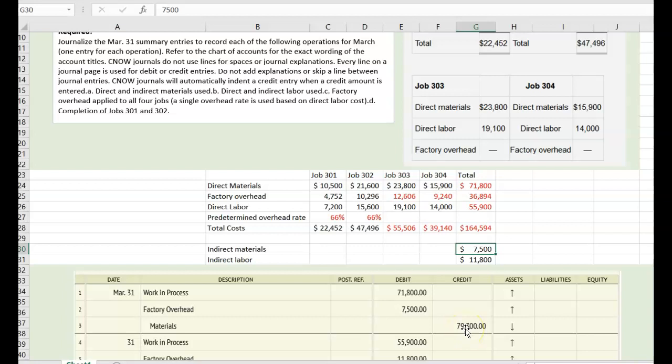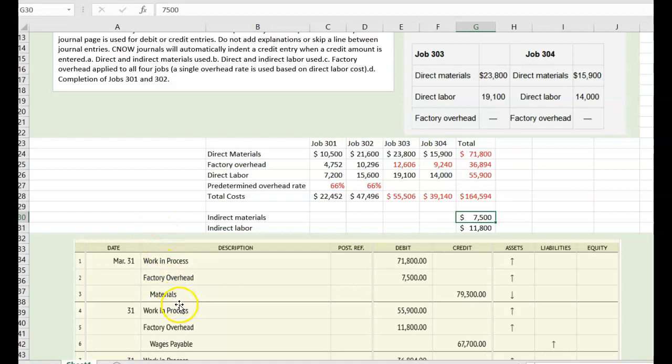Some companies may call that materials control. Other companies may call it raw materials. Use whatever your organization uses or whatever your textbook tells you to use on problems like this. All right, so that's our first entry for material, and of course that balances.